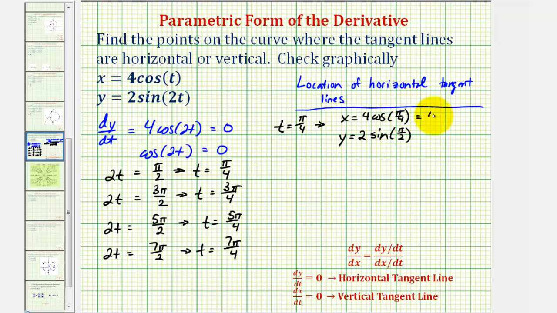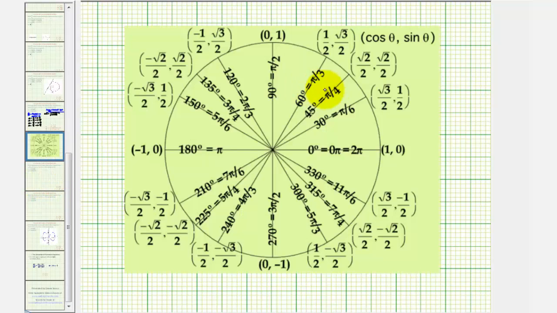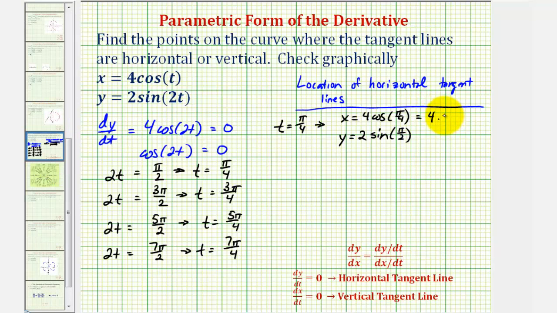So here we'll have 4 times cosine pi/4, which is square root 2 over 2. If we need to, we can verify it here on the unit circle. Remember, cosine theta is equal to the x-coordinate. So 4 times square root 2 over 2 would be 2 square root 2.